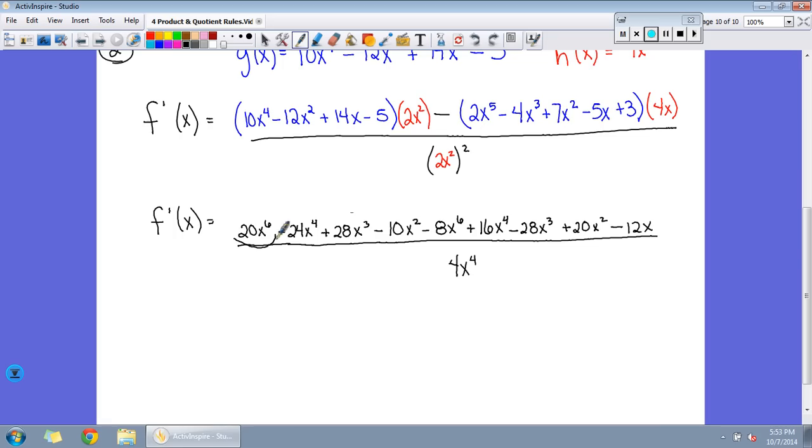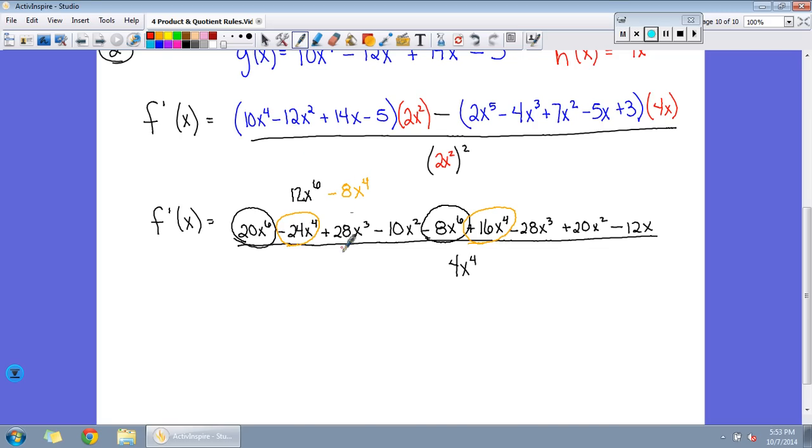Okay. Well, 20x to the 6th and negative 8x to the 6th combine like terms to 12x to the 6th. And then I've got negative 24x to the 4th and 16x to the 4th to get negative 8x to the 4th.